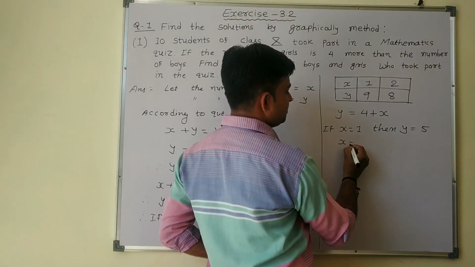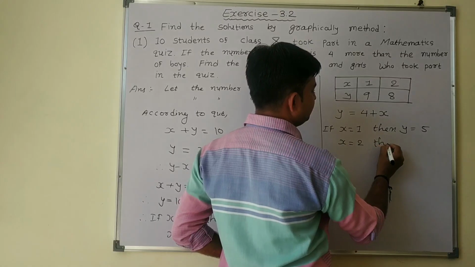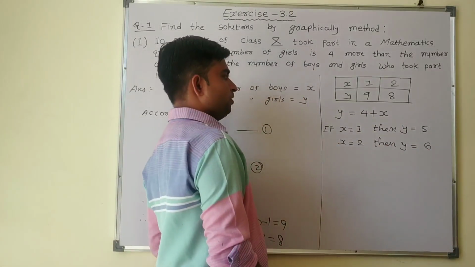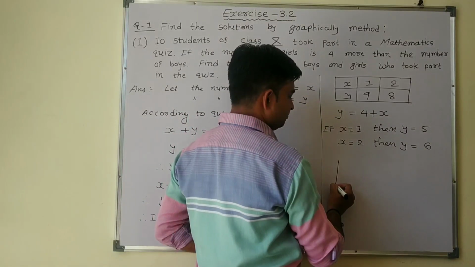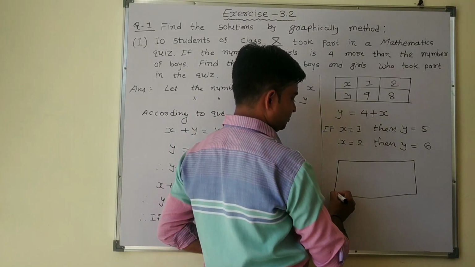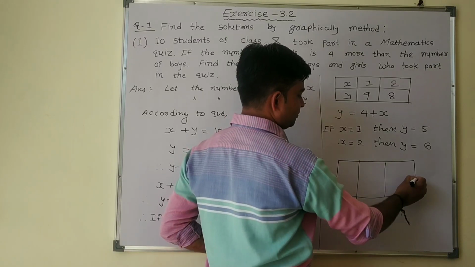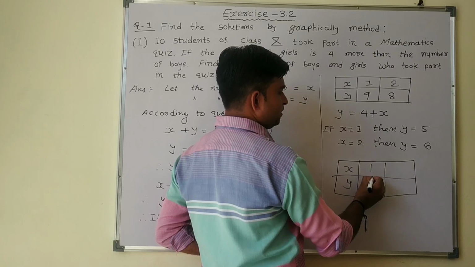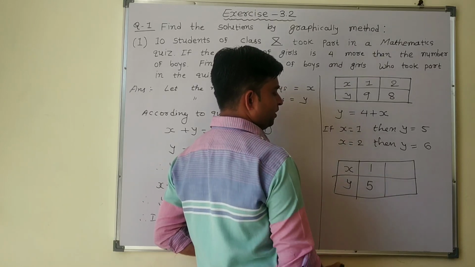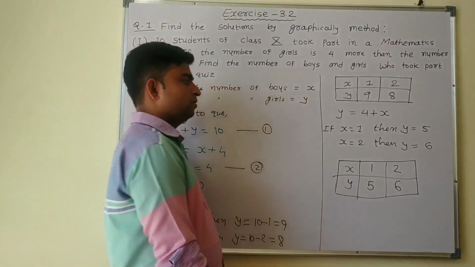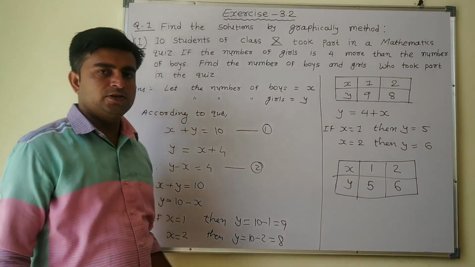If we take x equal to 2, then y is equal to 6. Now the second solution table. x and y: if x equal to 1, then y is equal to 5. If x equal to 2, then y is equal to 6. So we have completed both solution tables.